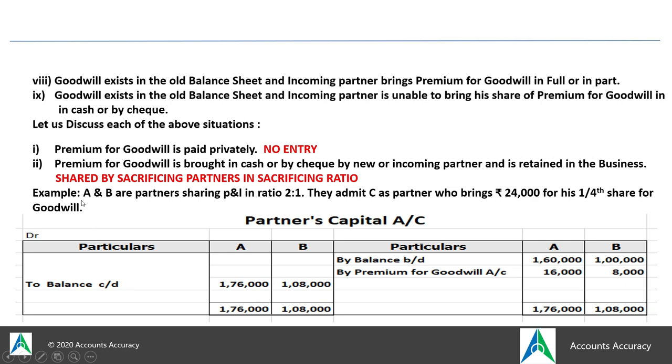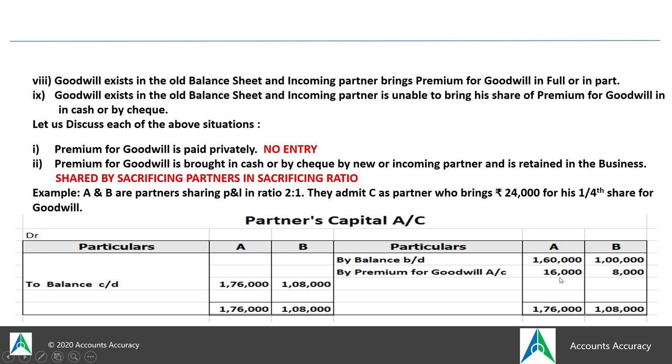Just see with an example. A and B are two partners sharing profits and losses in the ratio 2:1, and they admit C as a partner who brings 24,000 for his 1/4 share of goodwill. This 24,000 is the premium for goodwill brought in by the new partner C, and it should be divided among the old partners A and B in the sacrificing ratio. As the new ratio is not mentioned, the old ratio becomes the sacrificing ratio.